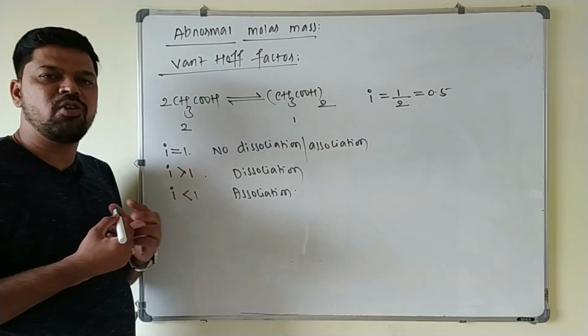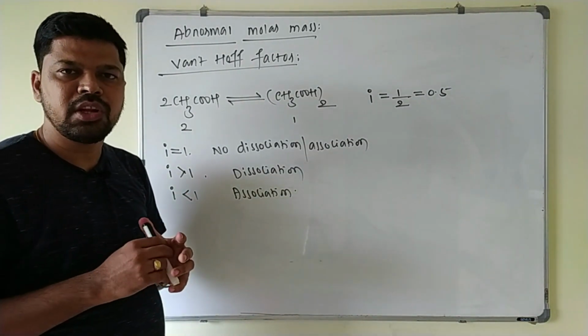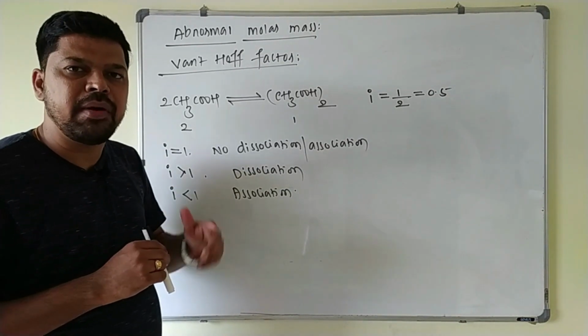Therefore, for a solute which undergoes dissociation or association, colligative properties are modified by introducing the I value.